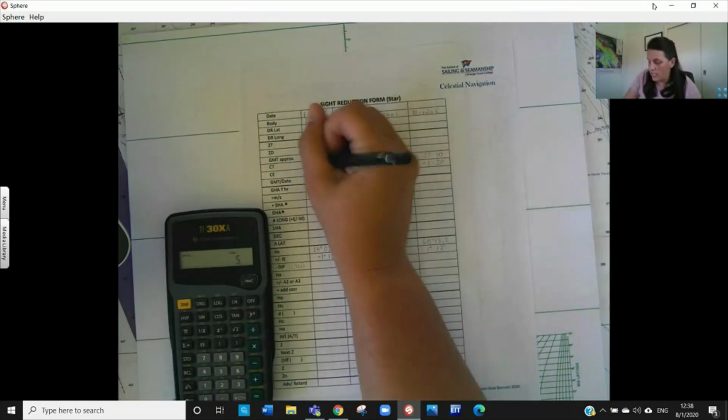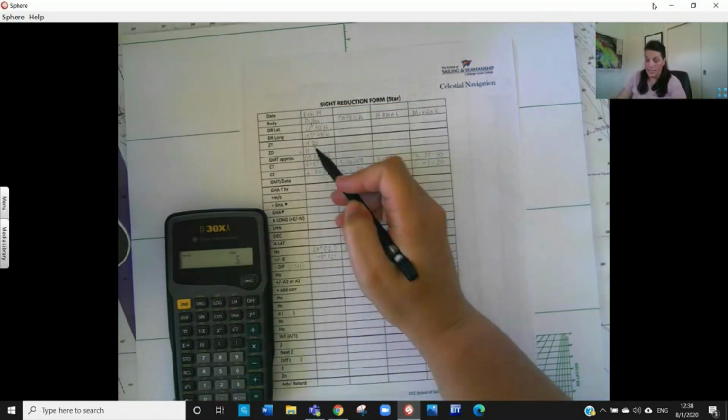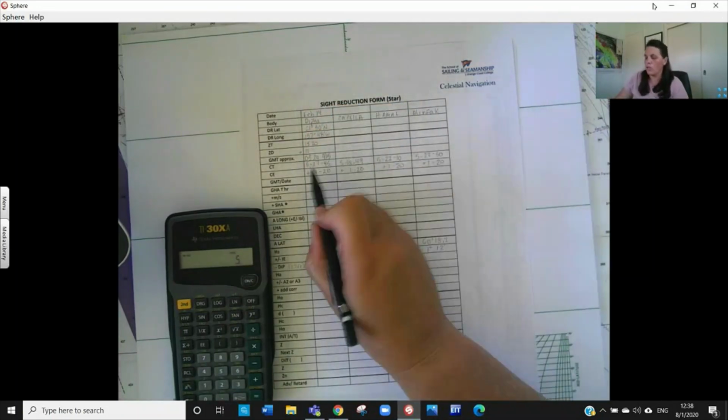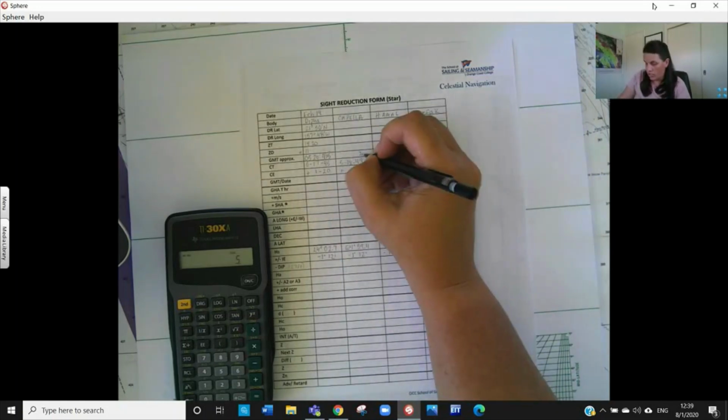So my GMT time is 05:20 on the 15th, on the next day, because we added that 11. So my chronometer time will be 05 instead of 17, but it will be on the 15th. So I've got to make sure when I'm looking at my almanac, I'm looking at the 15th, not the 14th. So I'll write that in there.